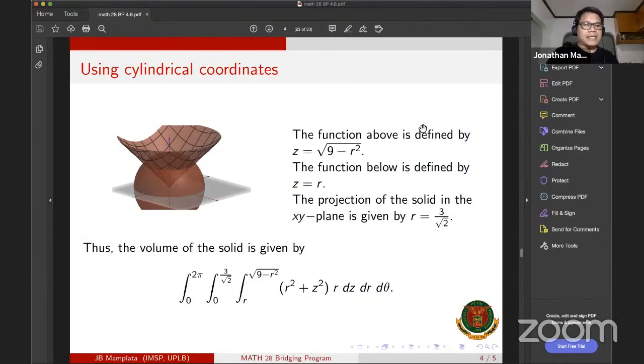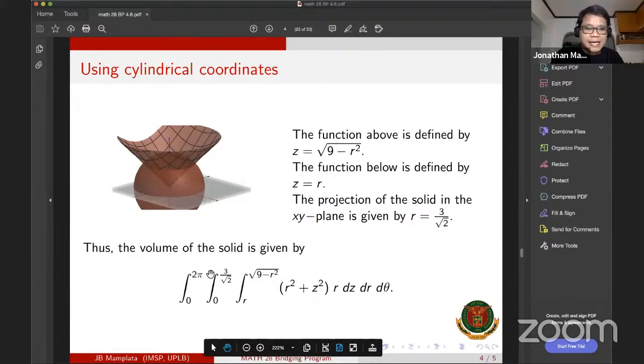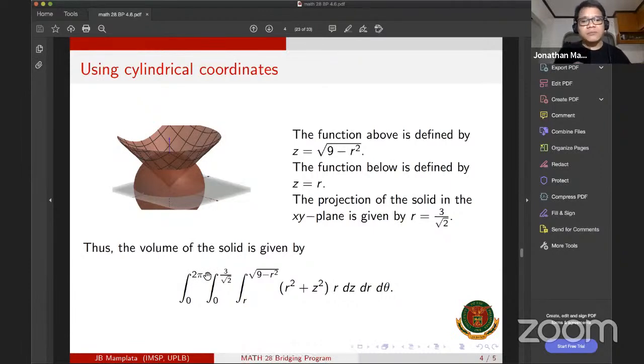Kung hahanapin natin yung volume on the first octant, ang i-consider lang natin on the xy plane is the first quadrant. If you will consider the solid on the first quadrant, yung magiging bounds natin for theta will be 0 to pi over 2. Kung yung bounds natin for theta ay 0 to pi over 2, so ang kinukuha mo lang na volume dito is actually the volume of the solid on the first octant.